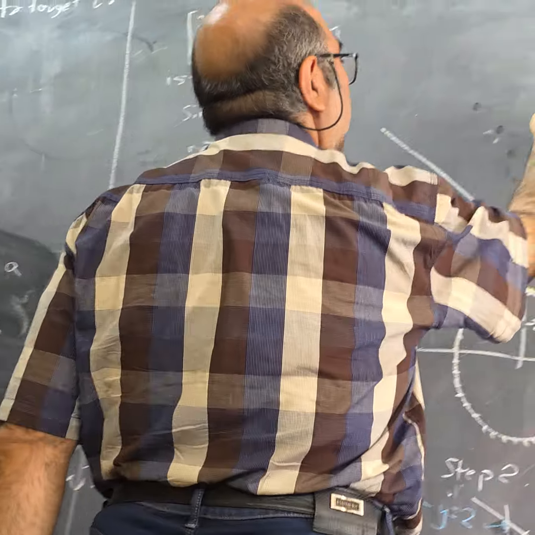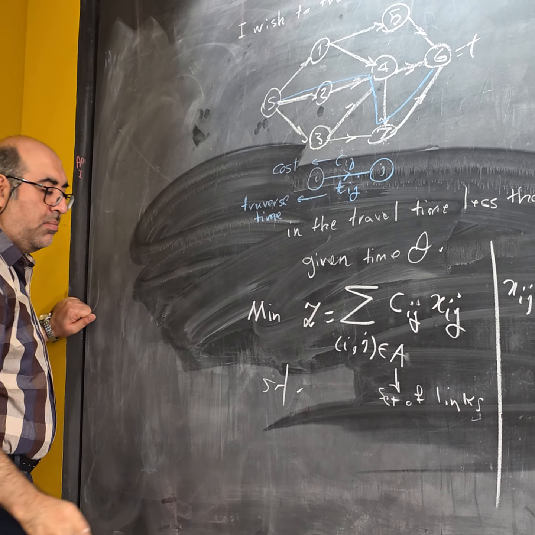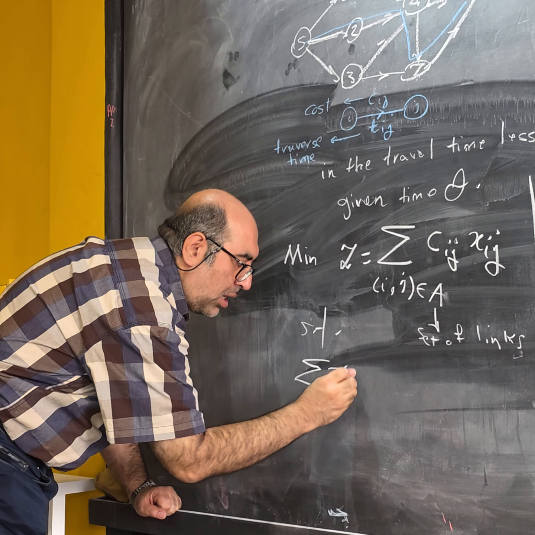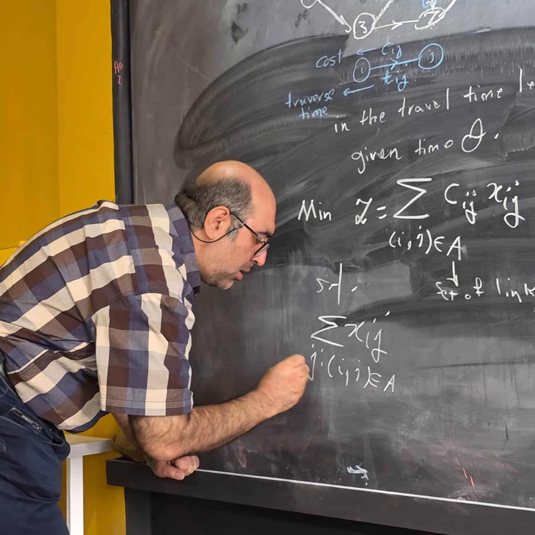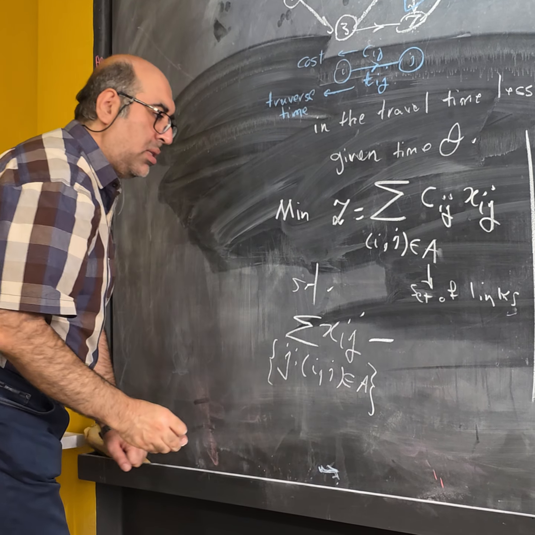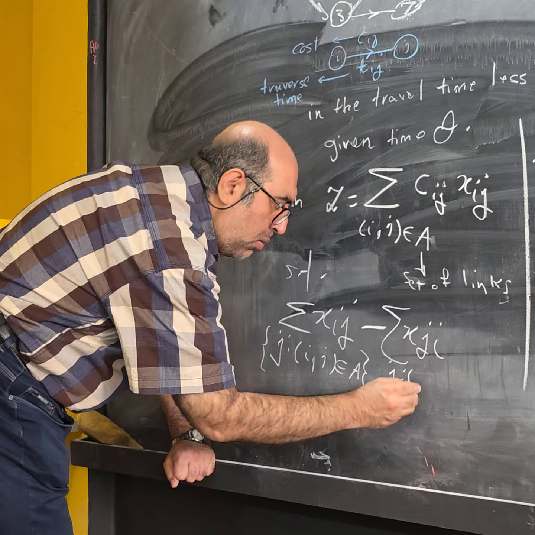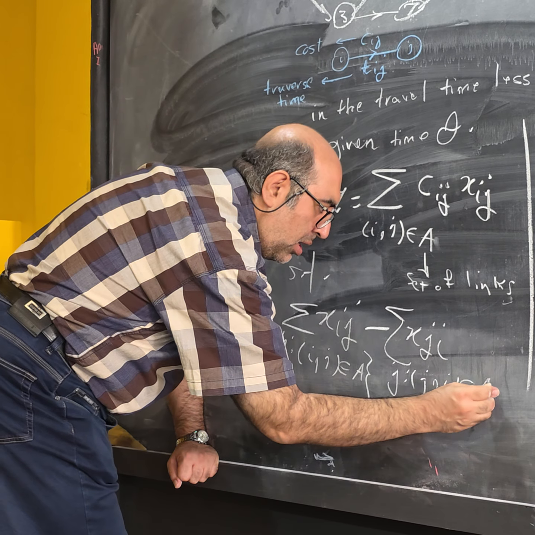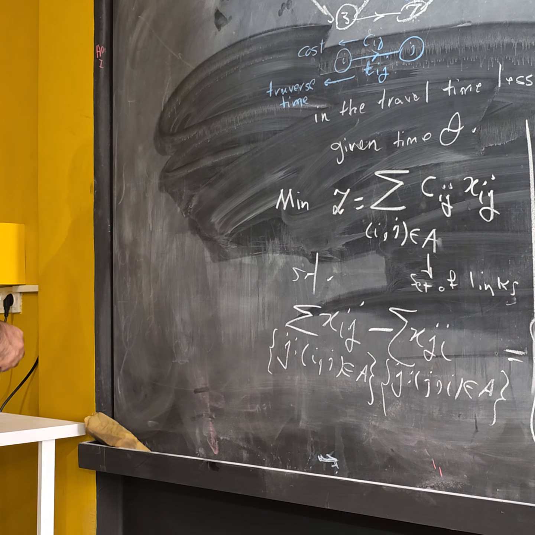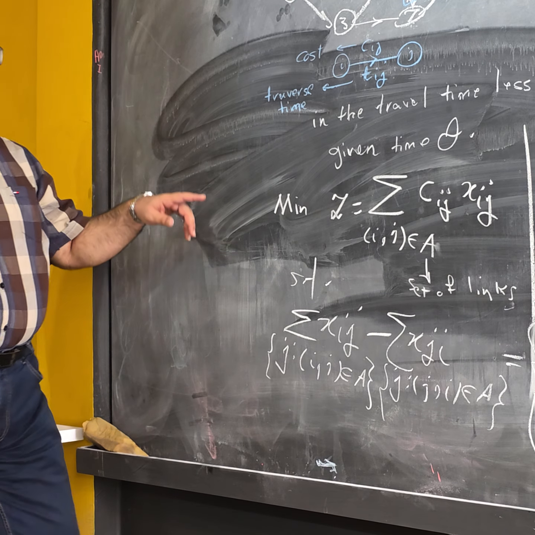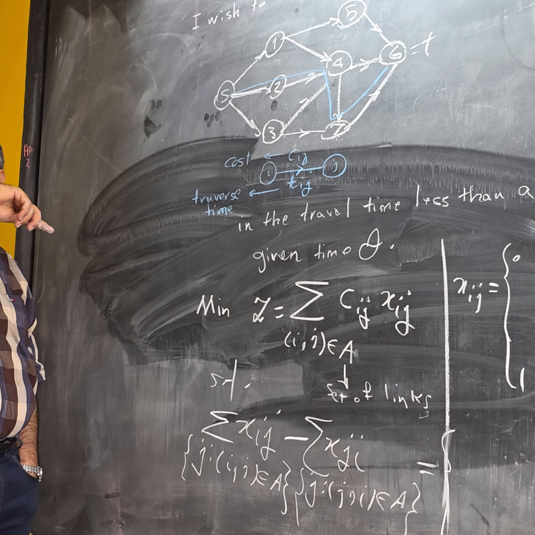And for the constraints, subject to: the summation of Xij for all of the j when i and j belong to A, minus the summation of Xji for all of the j where j and i belong to A, equal to... Assume regarding the S, I should select one of the neighbors of S for travel.